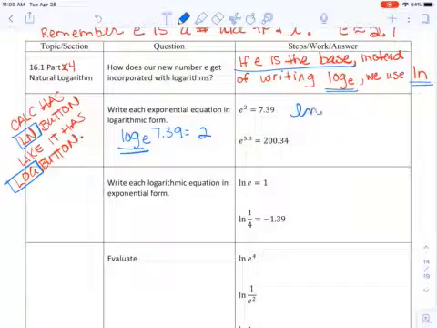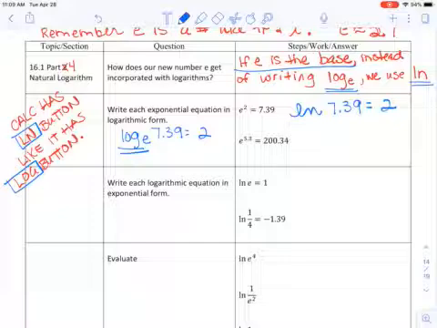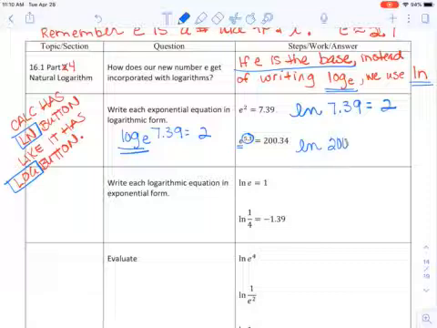We're going to write ln for natural log, ln 7.39 equals 2. Now the second one, e to the 5.3 equals 200.34. Again, the answer to a log problem is still the exponent, so that's my answer. My base is e, so I'm going to write ln of 200.34 equals 5.3.